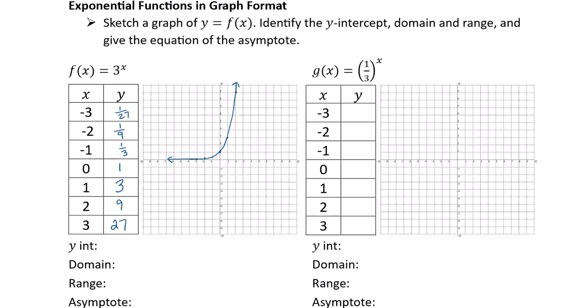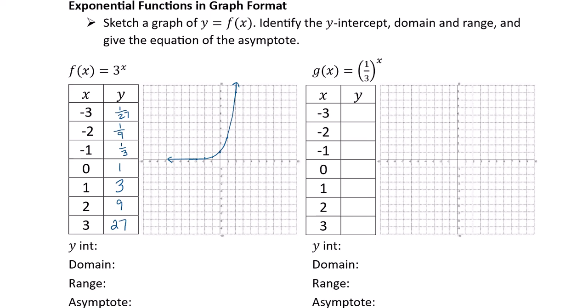In fact, you can see that going in this direction in the function, every number is 3 times the number before it. If we're going the other direction, then every number is divided by 3 to get the number before it.